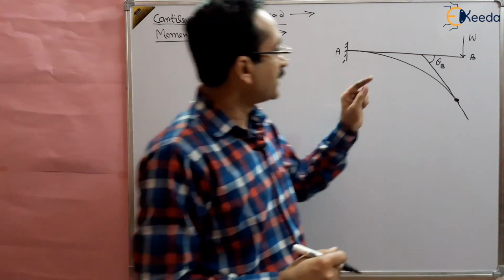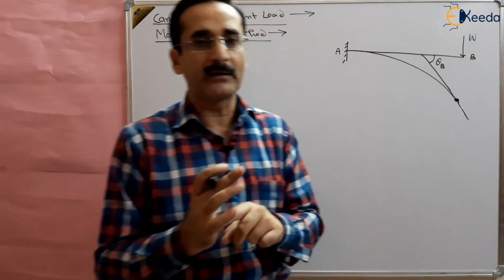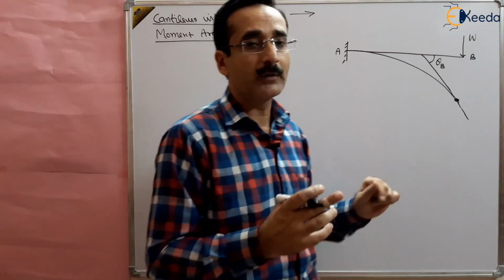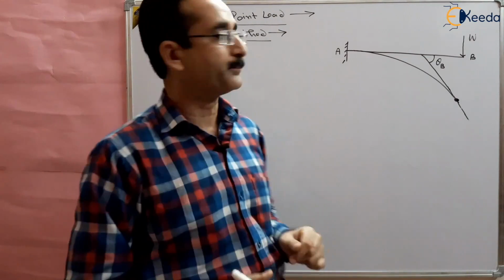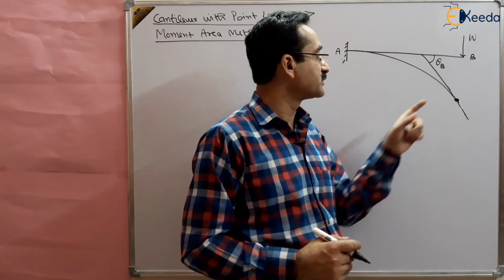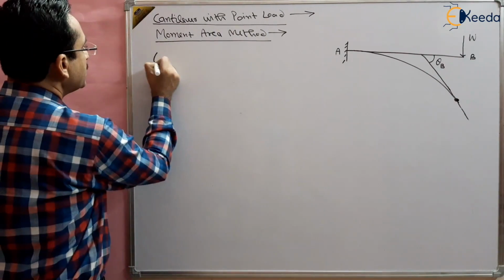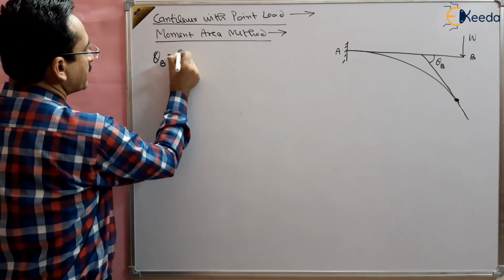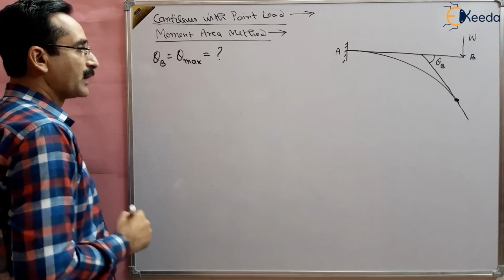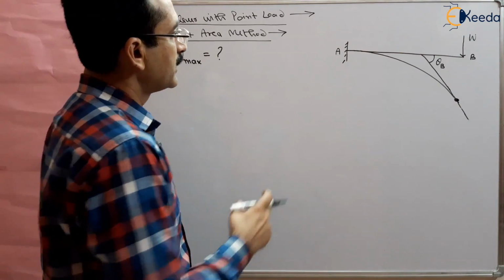Mohr's theorem states that the slope between 2 points on the elastic curve will be the area of the bending moment diagram. So what points should be chosen so that we can find theta B, which is theta max? We want to use Mohr's first theorem for this beam.